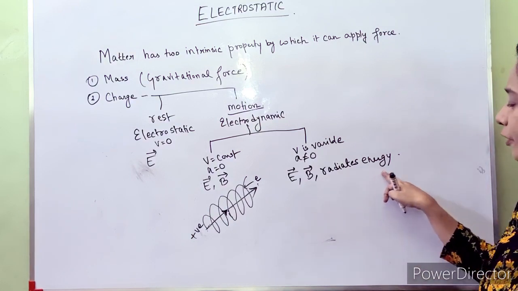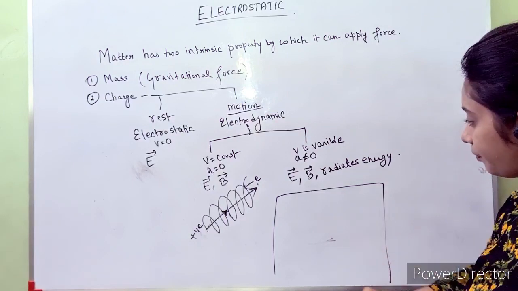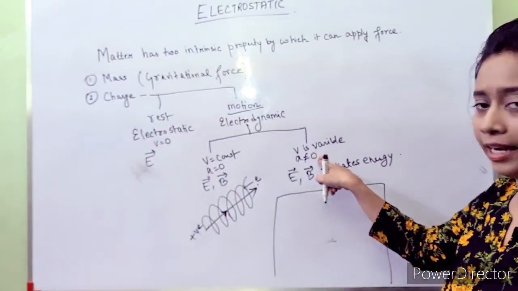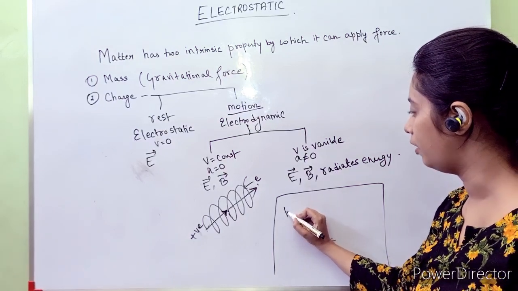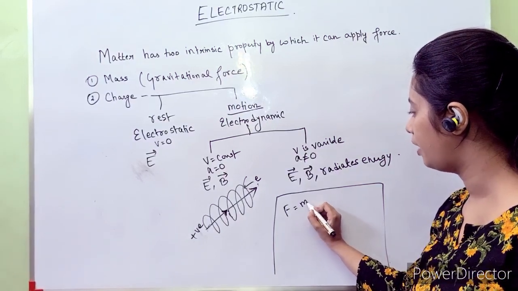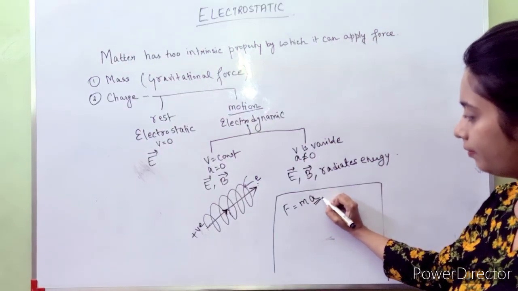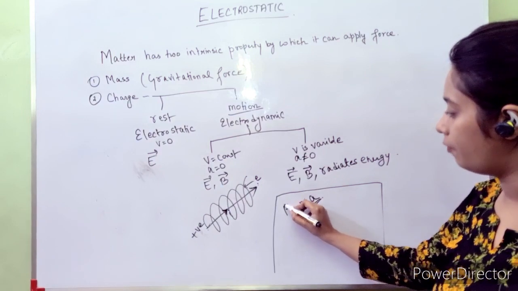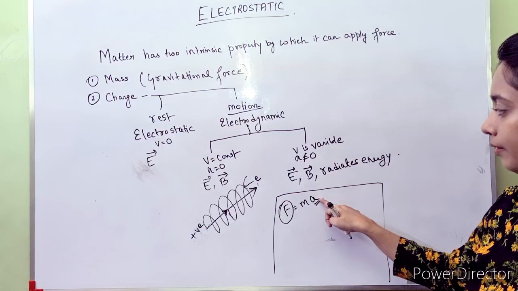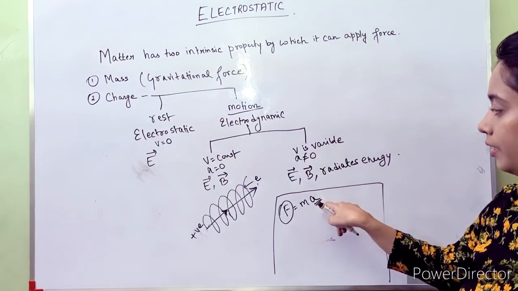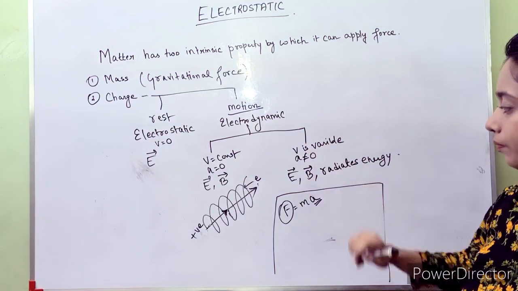Now this is quite confusing, right? I'll clear your doubt. See this. This charge is accelerating, right? Acceleration, you know Newton's second law, F equal to ma. When there is acceleration, there will be a force linked with it. Acceleration means there is some force linked with that charge.